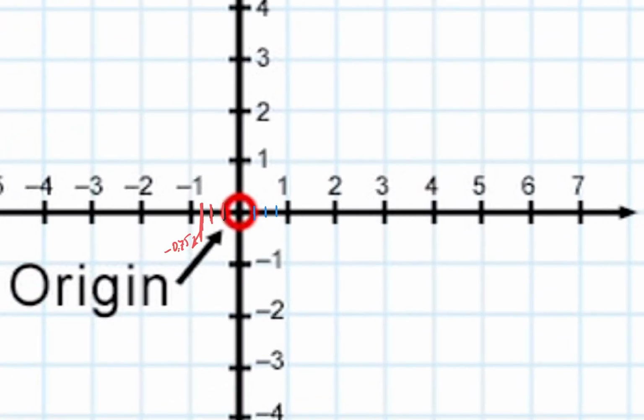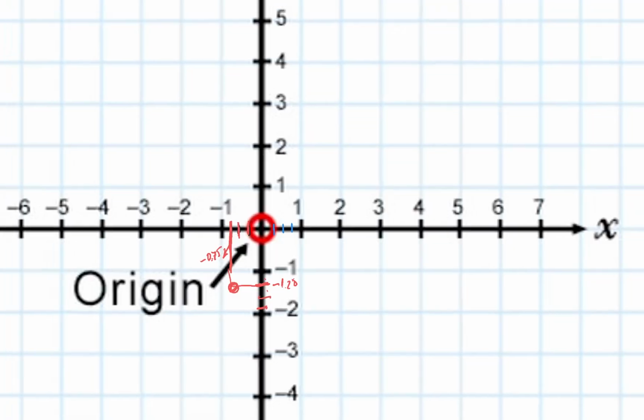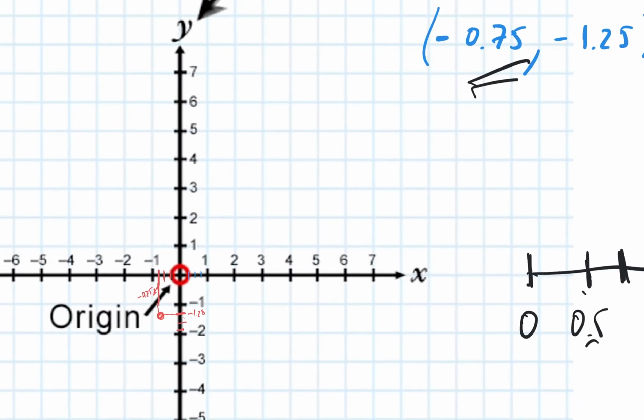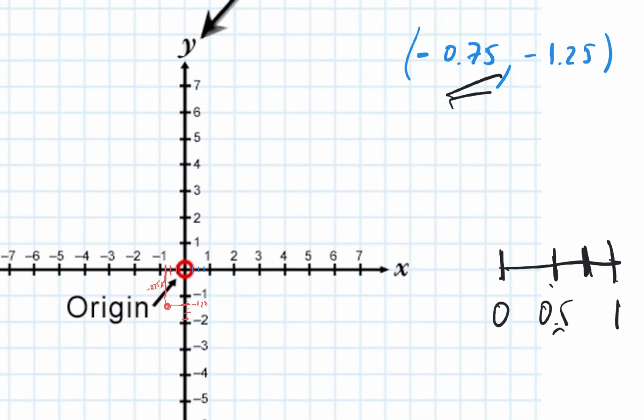So for minus 1.25, you divide this in 4 parts: 1, 2, 3, and 4 parts. And this is minus 1.25. And the point will be here. Okay, this is a little bit more complicated than before, but the idea is the same.